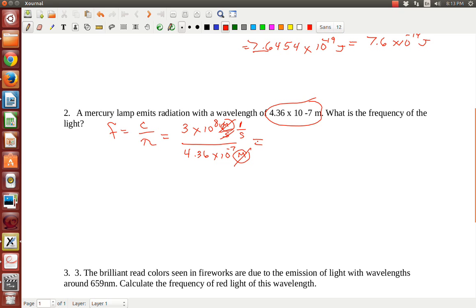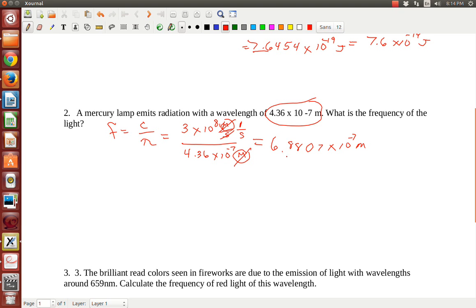I have 3 second function E8 divided by 4.36 second function E negative 7, and I get 6.8807 times 10 to the 14th.